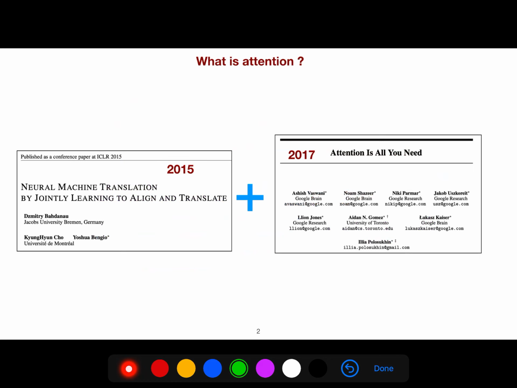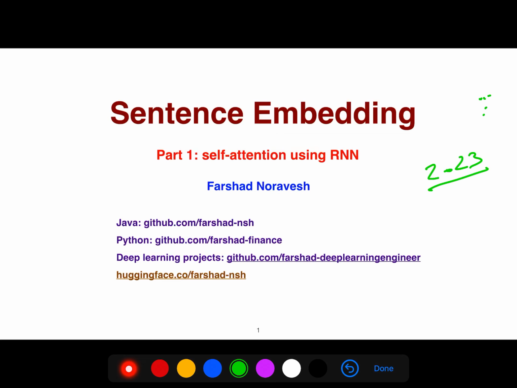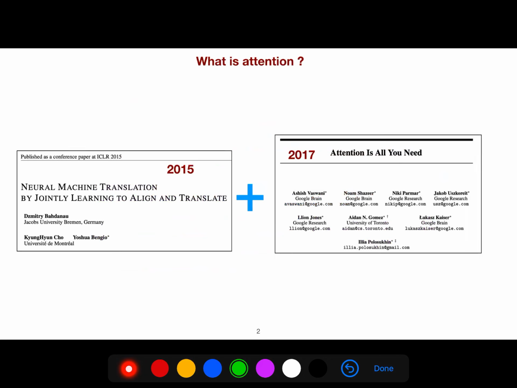But you will see in the next few lectures that we will talk about many different paradigms such as Siamese networks, contrastive learning, and many other things to produce a good representation. But here in this part, we want to focus on self-attention using RNN.